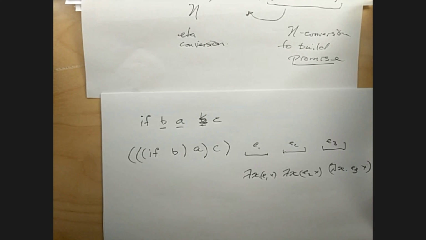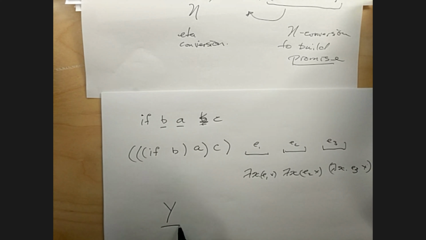So basically, if I'm doing this reverse translation, I'm always going to put in a promise whenever I know that I'm passing a function as a parameter. And it turns out that you can actually rewrite even Y, because the trouble with Y is it ends up with this thing self of self.